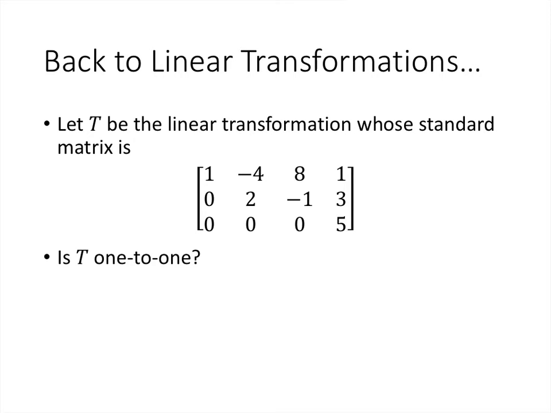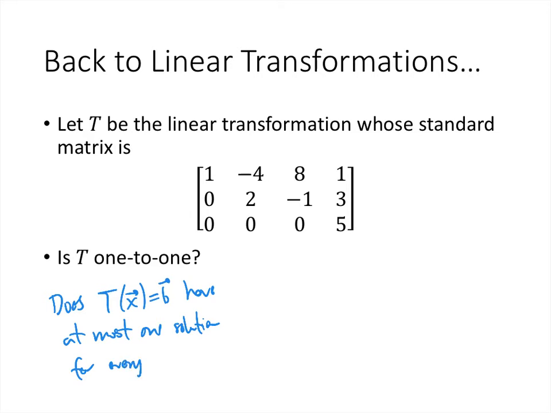So again, the question is asking, does T of x equals b have at most one solution for every b? And again, since T of x is just A times x, if we're calling this matrix A, we're asking, does the equation Ax equals b have at most one solution for every b?